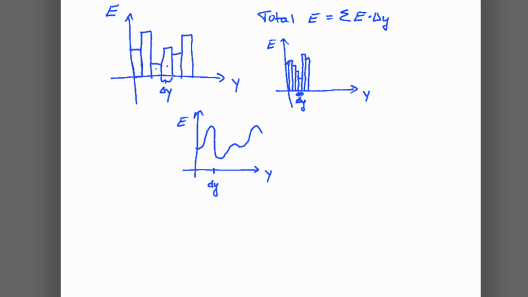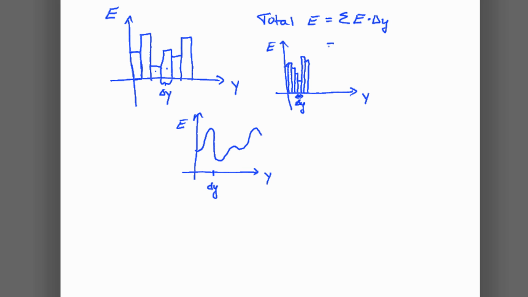So basically what we're doing is we're turning our total E, equal to the sum, into an integral of a function with respect to Y times dy. Mathematically, we're calculating the area under a curve, which can also be expressed as a sum of little tiny pieces.